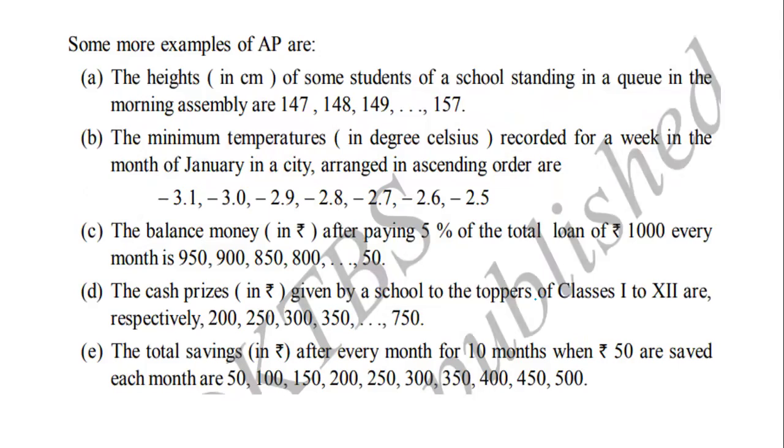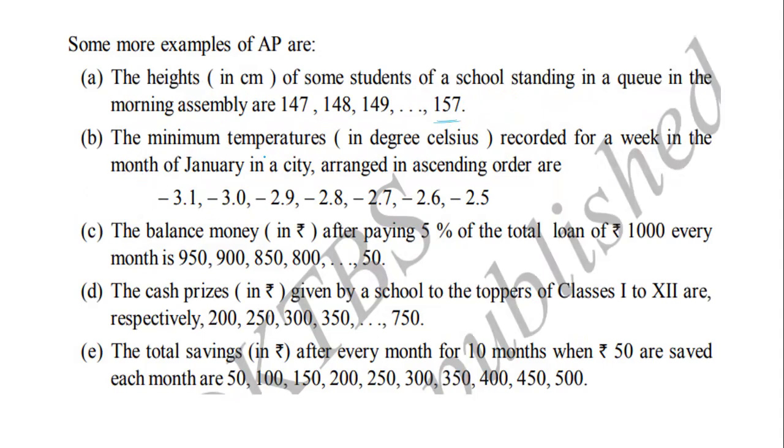Some more examples are given. First one: the heights in centimeters of some students of a school standing in a queue in the morning assembly are 147, 148, 149, and so on, up to 157. The last term is given as 157 here.